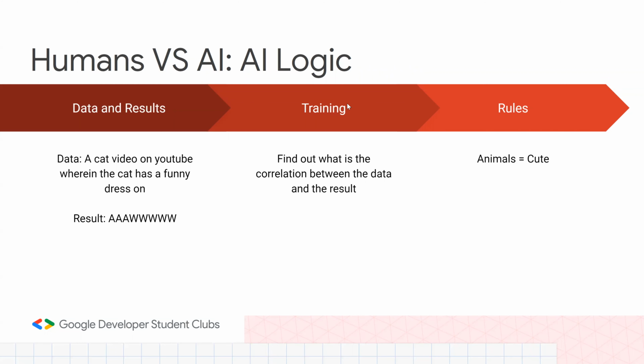And what we want our AI to do is find out the correlation between this data and this result, and then be able to use those rules that come out of that training to find the results of other data that the AI doesn't know about. Let me know if you need me to explain that again.